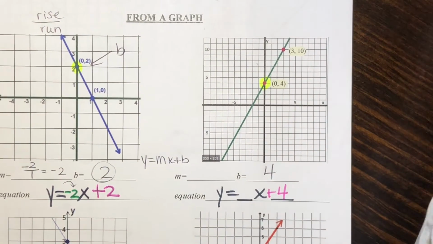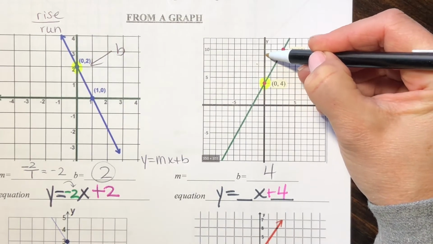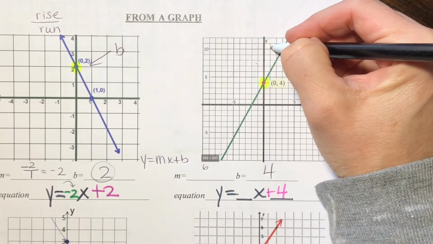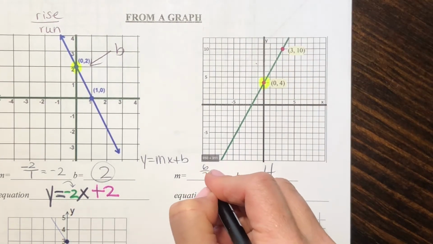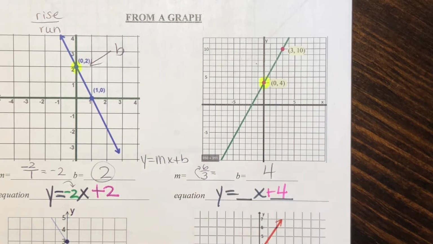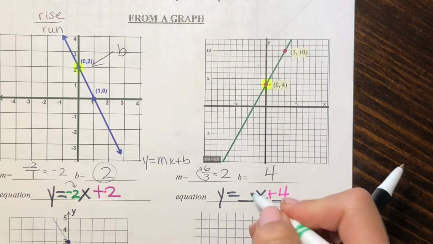Now let's see what our slope is. I went up 1, 2, 3, 4, 5, 6. That's my rise. And then I ran 3 to the right. I always should reduce slope, and 6 divided by 3, in other words, how many times does 3 fit into 6? 2. And that is my slope and goes here.